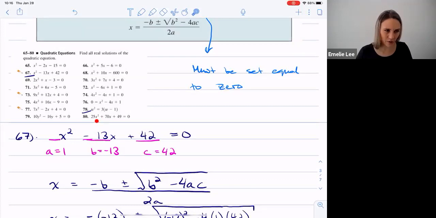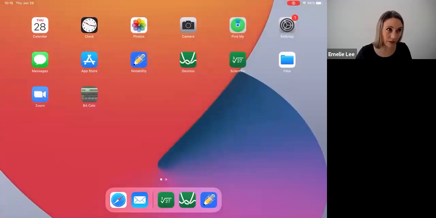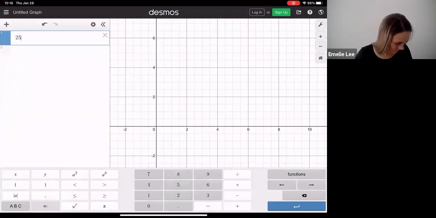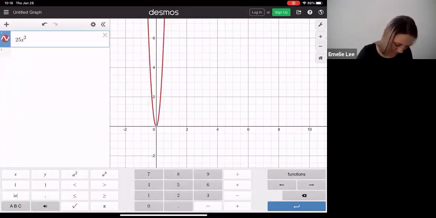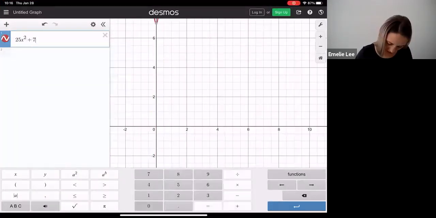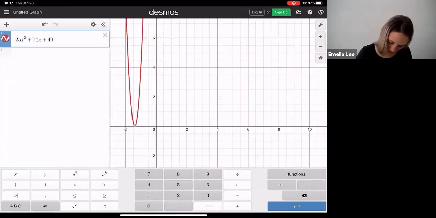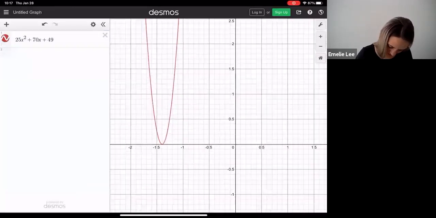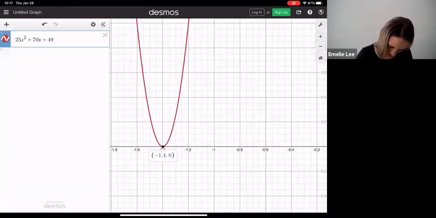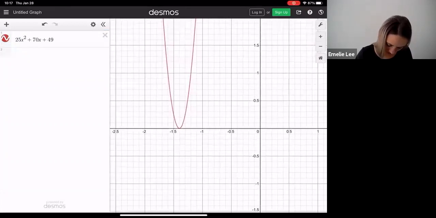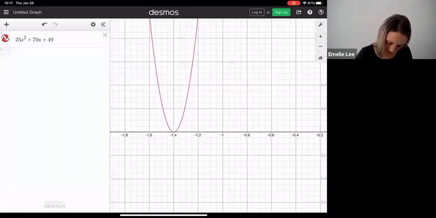How about, I'll just graph this quickly, 25x squared plus 70x plus 49. Okay, yep, let's do that one.